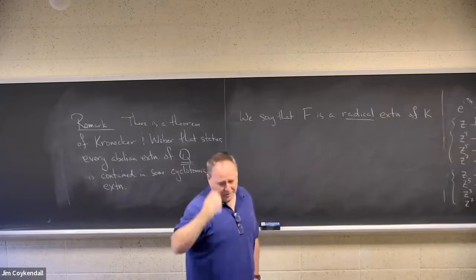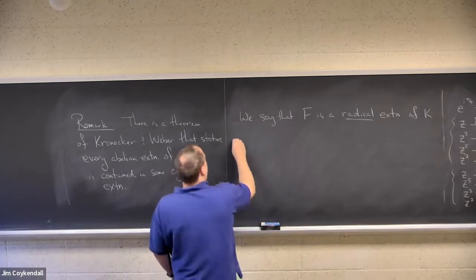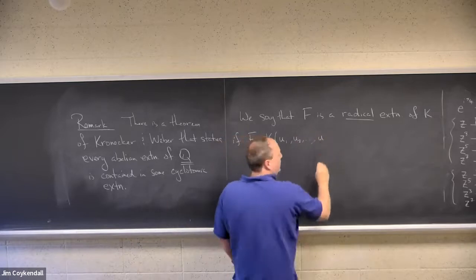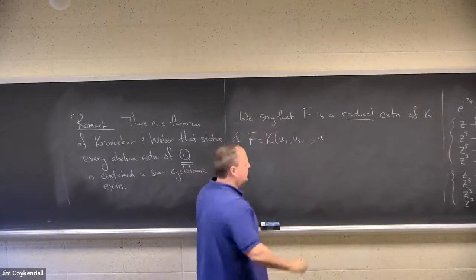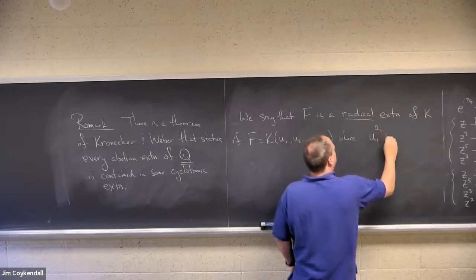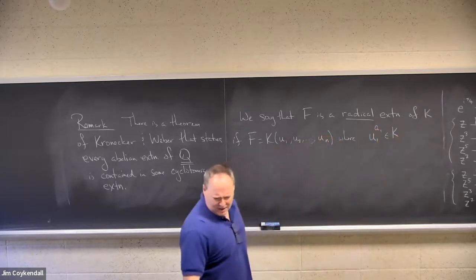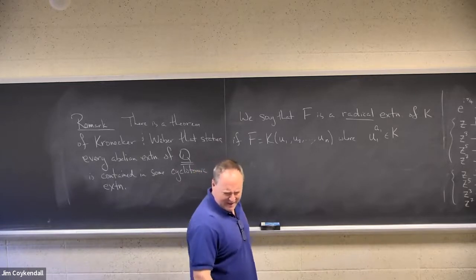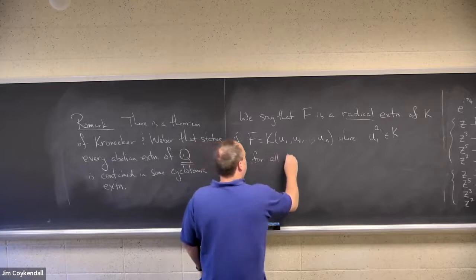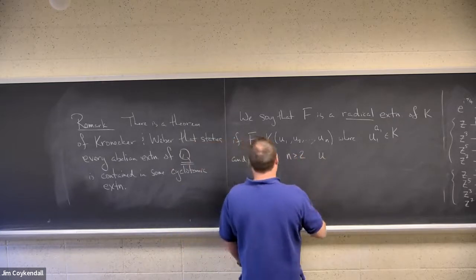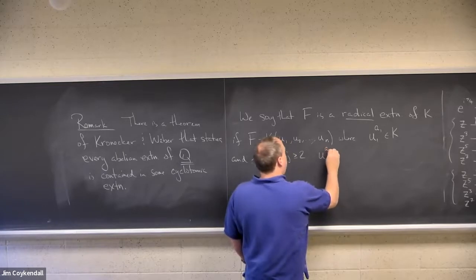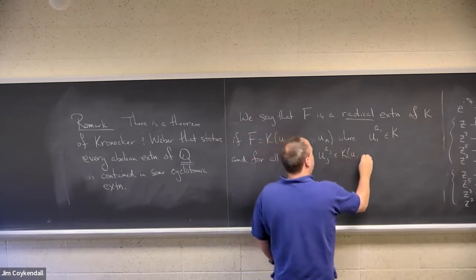Okay, so F is a field extension, and we say it's radical if F = K(u1, ..., un), where u1 to the a1 is in K, and for all j greater than 1, uj to the aj is in K(u1, ..., u(j-1)).